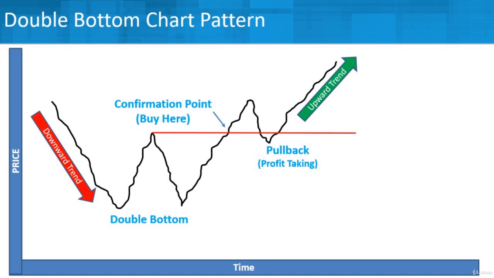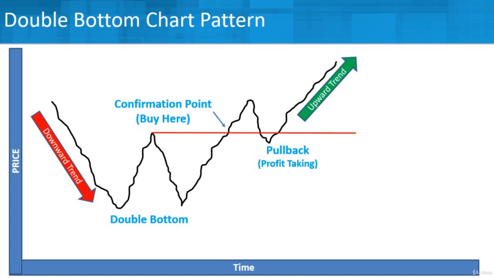Once it's broken through there, a new trend is forming, and you use your upward trend analysis, like when we look at drawing trend lines. The confirmation point is the top of the middle part of the W. You can see where I drew this line straight across, and you're buying after it's gone above it a little bit, maybe over a period or two or three.